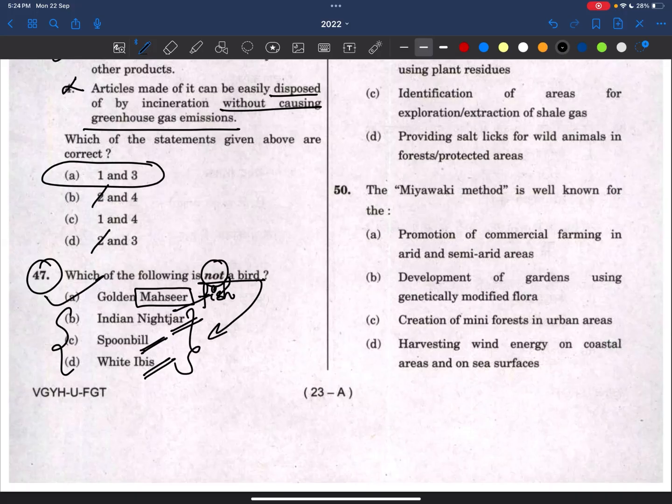Okay, it is giving hints for us, right? So it may give some 4 or 5 other species, and it may mention spoonbill or any other thing in the options. Here he'll give the list of 4 or 5 things, and he'll ask what are these. Are they insects or something else? If we had known that spoonbill is given in one of the UPSC PYQs, and we know that it is a bird, then answering the question will become very easy.